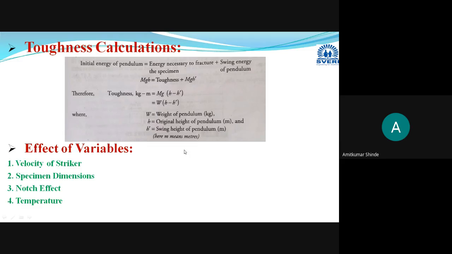That value you will get in the form of toughness by conducting this impact testing. In this way, this toughness value is calculated by conducting this impact test.